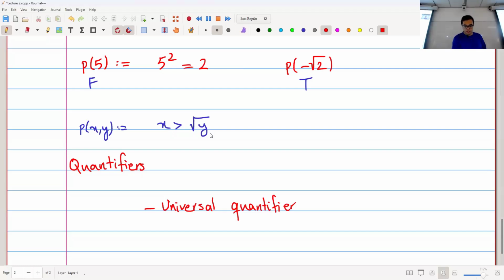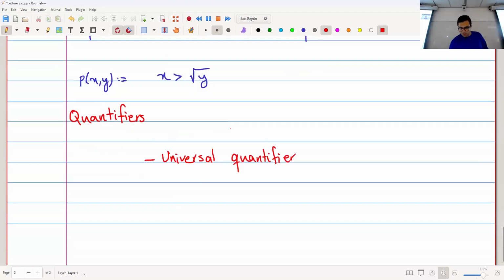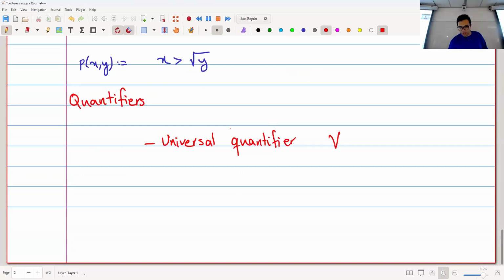The way we write it is a bit weird. It's an upside down A, and we read it as "for all". So I can write something like this: for all x, P of x. What this means is that I'm claiming, or promising, that for every x in my universe, P of x holds.